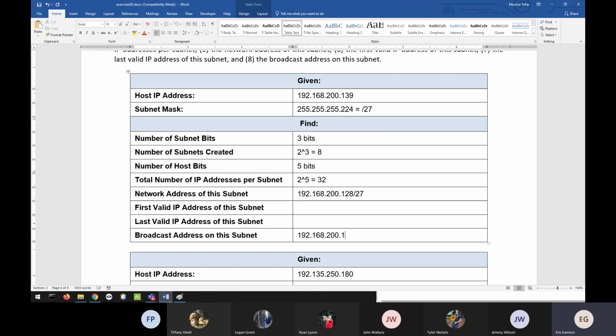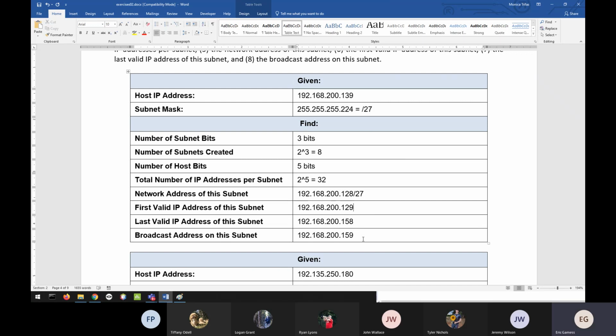Exactly. It will end in .159. So what is the last valid IP address? It will be one IP address before the broadcast address. And what is the first valid IP address? One IP address after the network address.